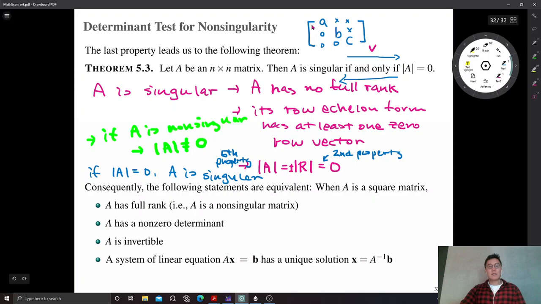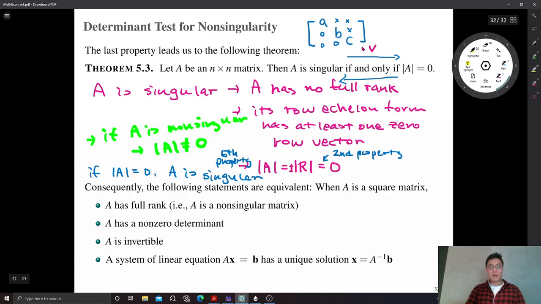So we have one leading zero in the second row, and two leading zeros in the third row.